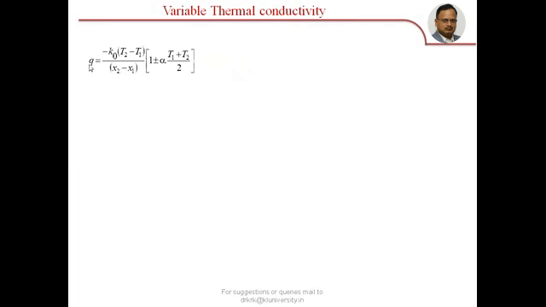That is what is written here. q equal to minus K naught T2 minus T1 divided by x2 minus x1 into 1 plus or minus alpha into T1 plus T2 by 2.